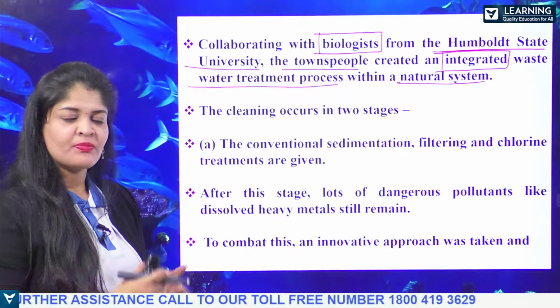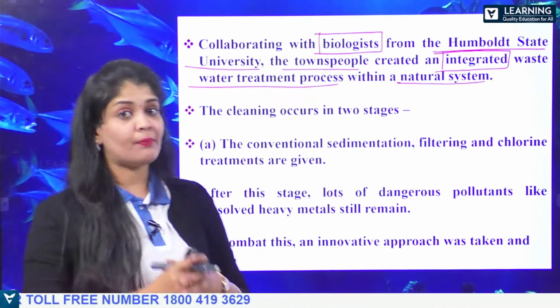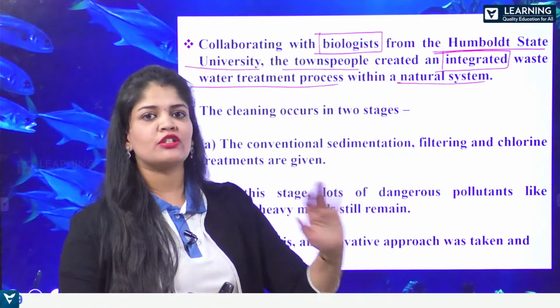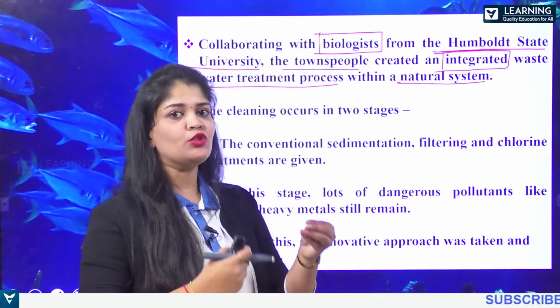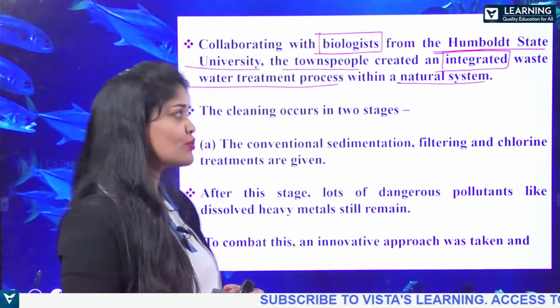In the first procedure, the primary treatment, we use methods like sedimentation and filtration, which we already discussed in the previous class. Here also, we use the same sedimentation, filtration and chlorination.